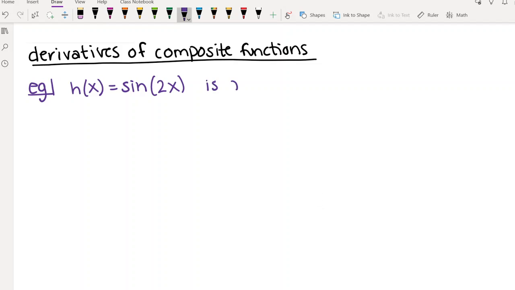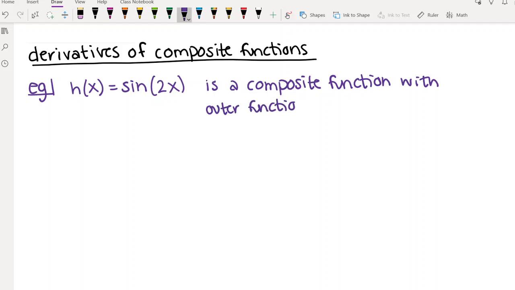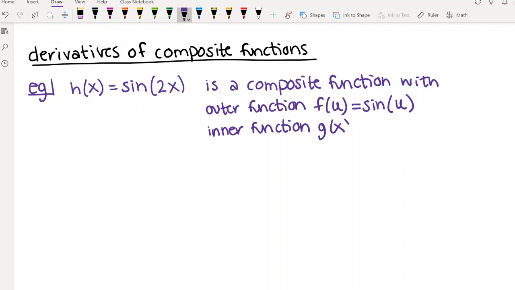So this is a composite function with its outer function being f of u is equal to sine of u, because that's what's going on the outside of this function. And the inner function in this case is g of x is equal to 2x, because you're taking 2x and plugging it into sine of u.